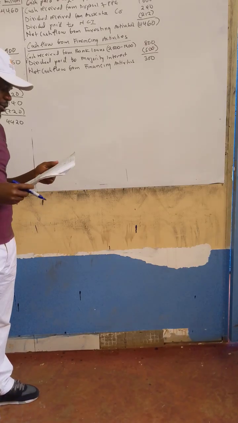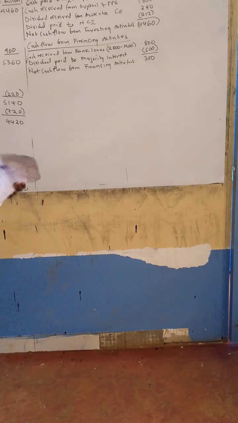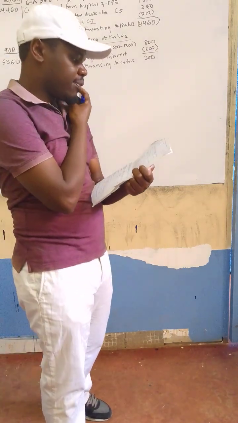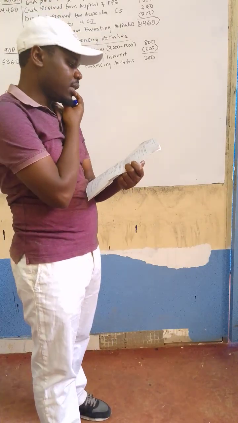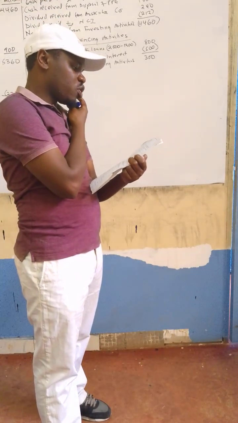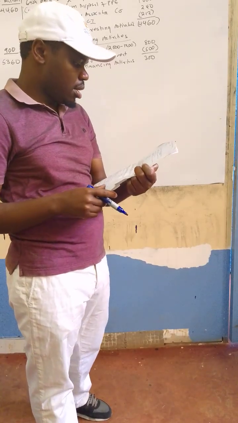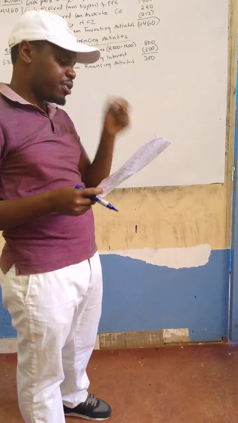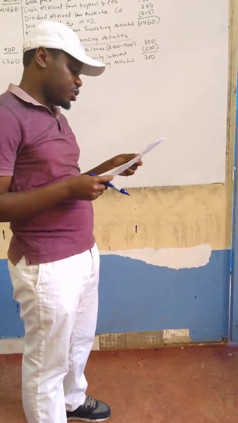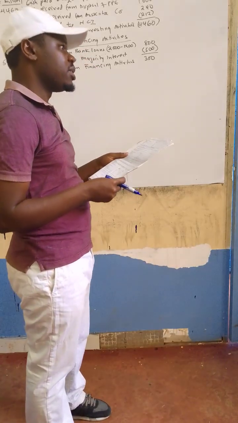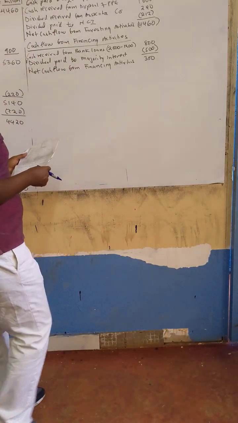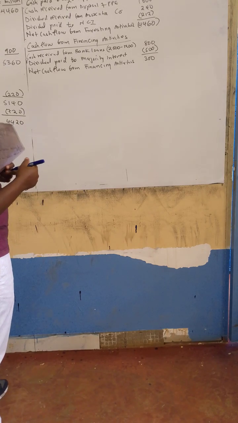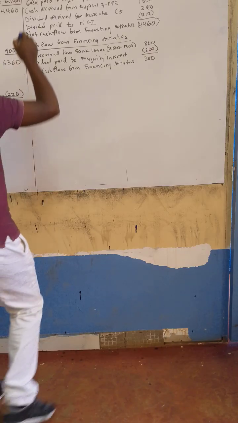Oh, there is something I've forgotten. Sorry, there's something I forgot. When they were acquiring Razak and when they were disposing Salama, Razak came with cash and cash equivalent amounting to 320, while Salama went, at the time of disposal, with cash amounting to 200. So that should be included here. Let me try to fix it here.